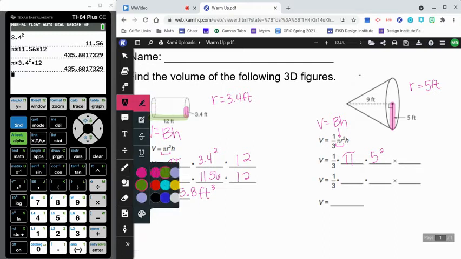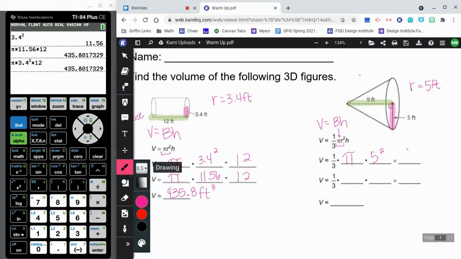So the height of the cone is going to go from the base all the way to the tip of the cone. So this cone has a height of 9 feet. I'm going to simplify that 5 squared. Well, 5 times itself, or 5 squared, is 25. So in our next row, we have volume is equal to 1/3 times pi times 25 times 9.